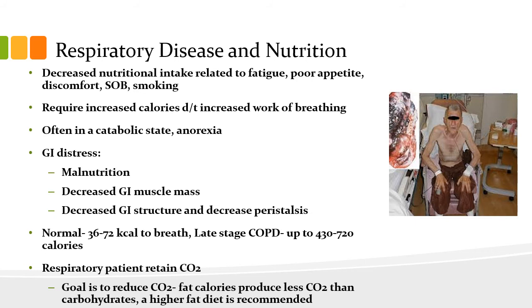Respiratory patients retain their CO2, so the goal is to reduce CO2. Fat calories produce less CO2 than carbohydrates, so a higher fat diet is recommended in these patients. Just think about it: smoking is not a good idea for weight loss.